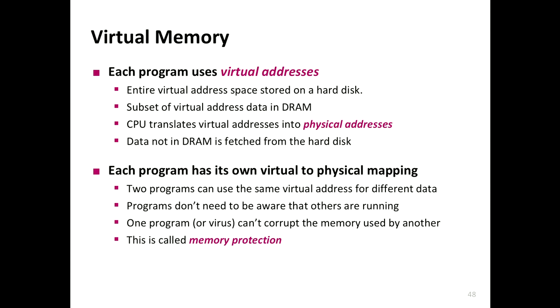These virtual addresses that you're referring to are actually stored on the hard disk, and a small subset of the entire space of addresses that belong to the hard disk is stored in your main memory. DRAM is the main memory here. To go further up the ladder, a smaller portion of the main memory is actually stored in the cache. So that's the whole memory hierarchy.